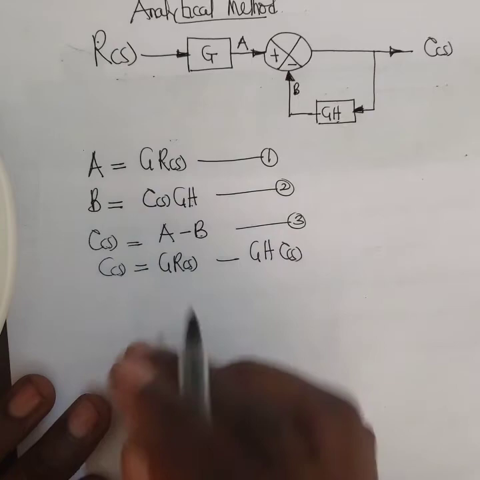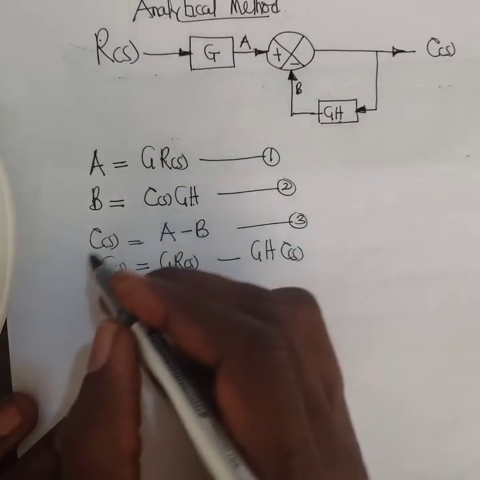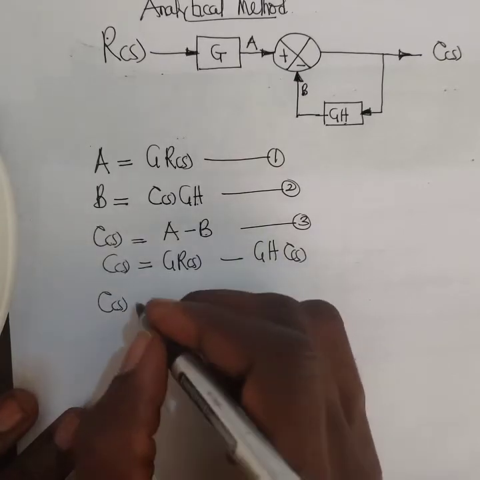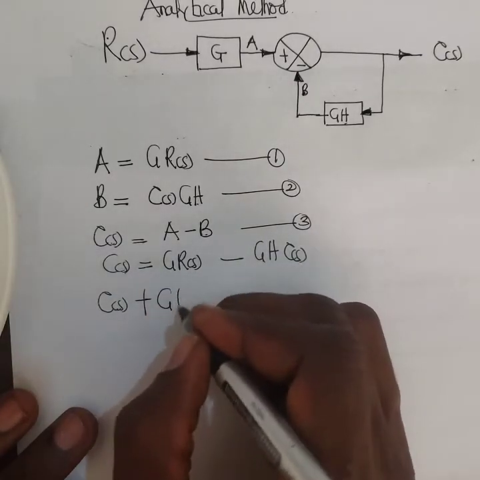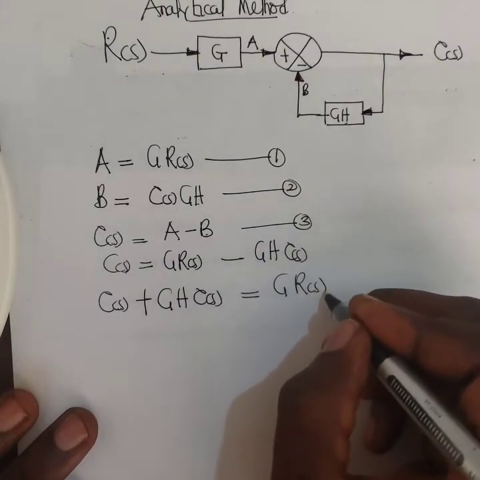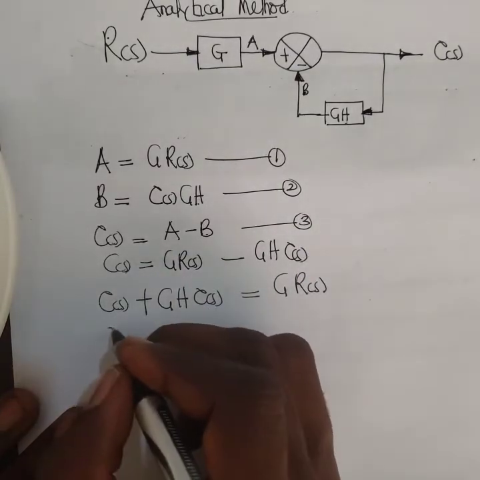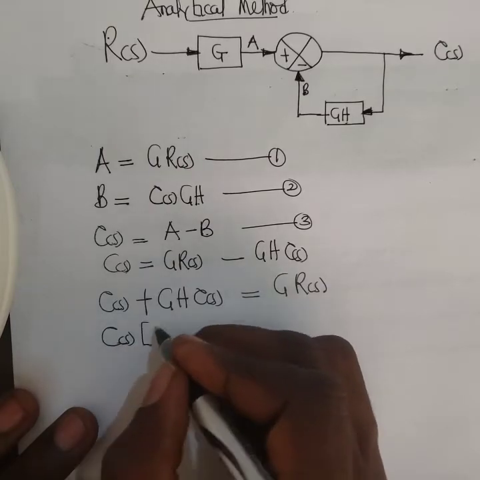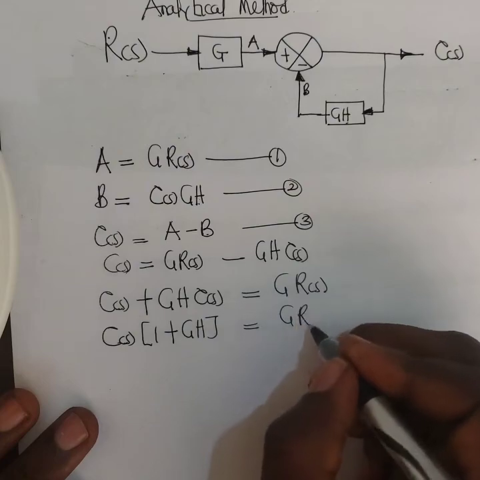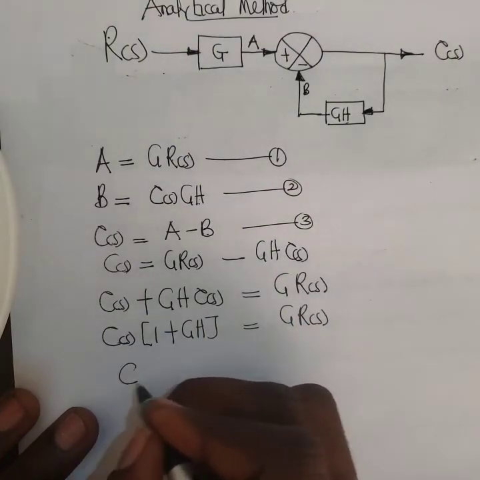So if I collect similar terms and bring my CS to this side, I'm going to have CS plus GHCS equal to GRS. So you factorize and bring out the CS that is common, it will give us CS times 1 plus GH is equal to GRS. And what's my transfer function?